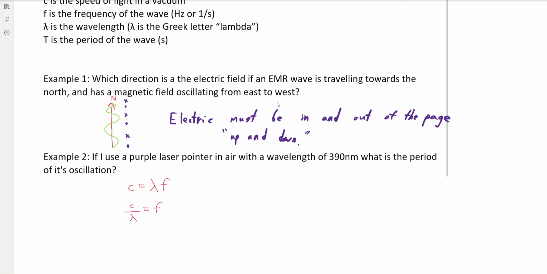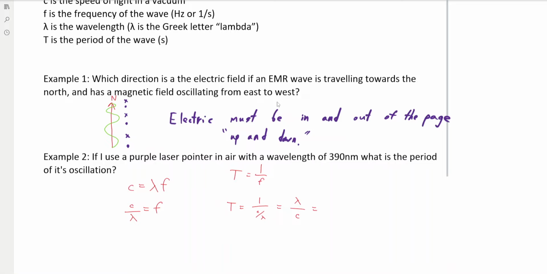But the f isn't what we're looking for. Actually, we're looking for the period. So period equals 1 over f. So if we put that into here, it's c over lambda, or another way to write that is lambda over c.